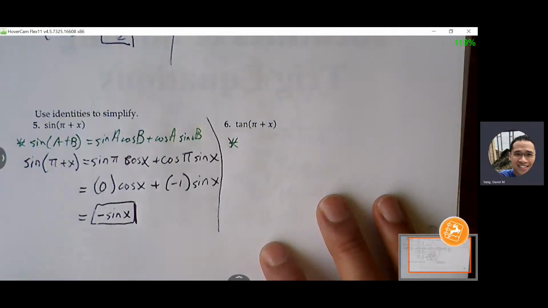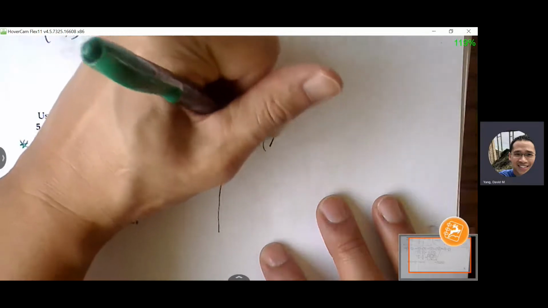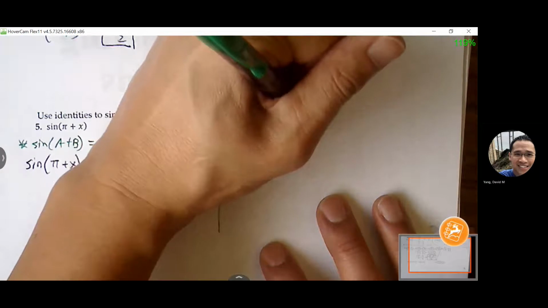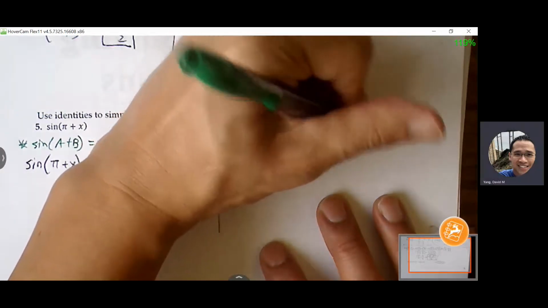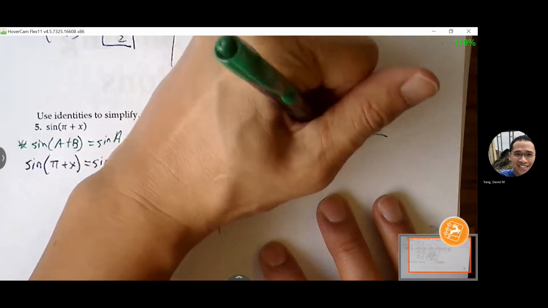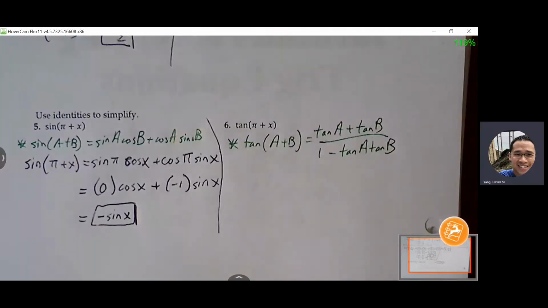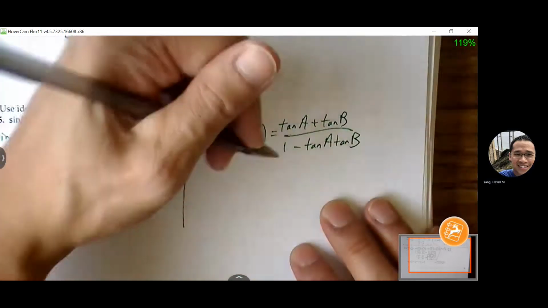Okay, tangent of A plus B. Build that out. Replace A with π, B with x.